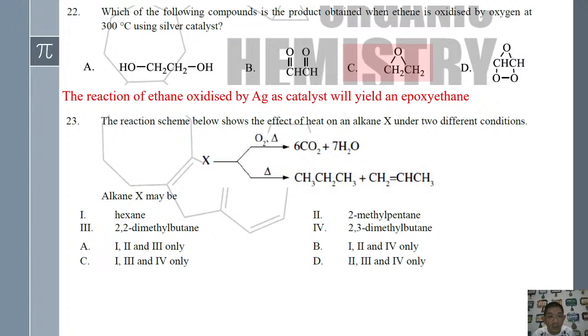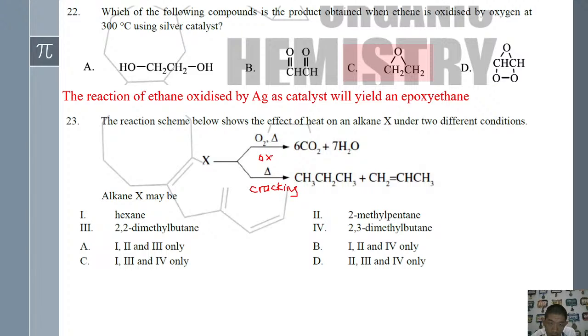Number 23, the reaction below shows the effect on heating the alkane under two different conditions. So X in here, when it undergoes oxidation, you form 6CO2 and 7H2O. And then this is actually a cracking process.